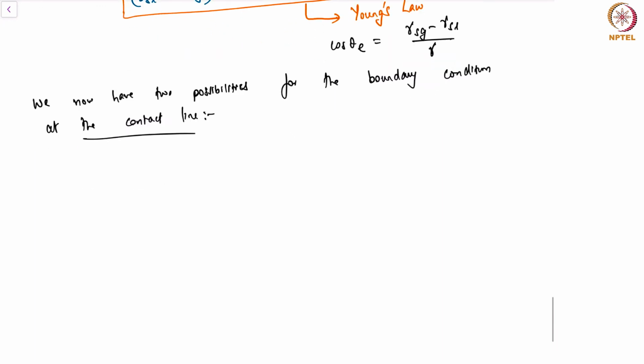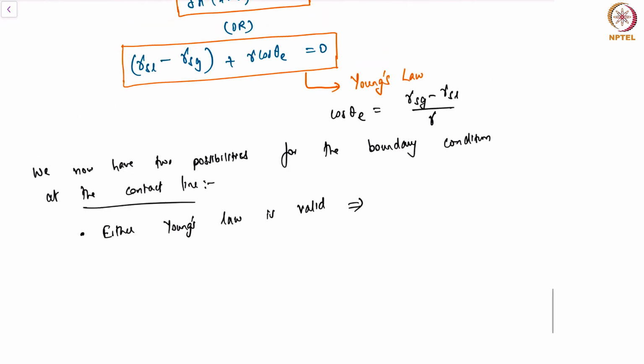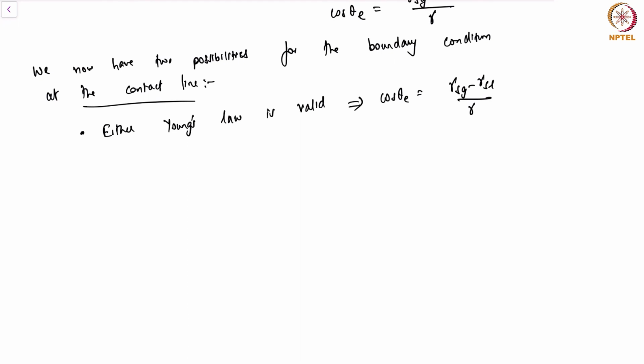What are the two conditions? Either Young's law is valid, and then I can straight away apply the condition that cos of theta E is gamma SG minus gamma SL by gamma. Note that this cos of theta E lets me impose a condition on the slope of the interface as it approaches the wall. So this becomes a slope condition.